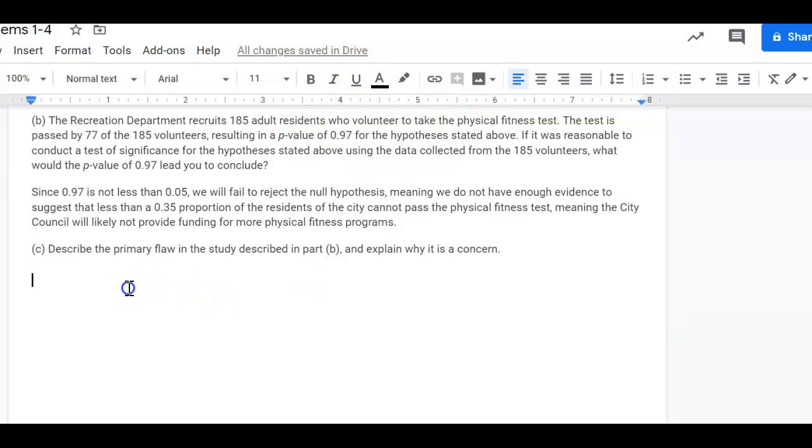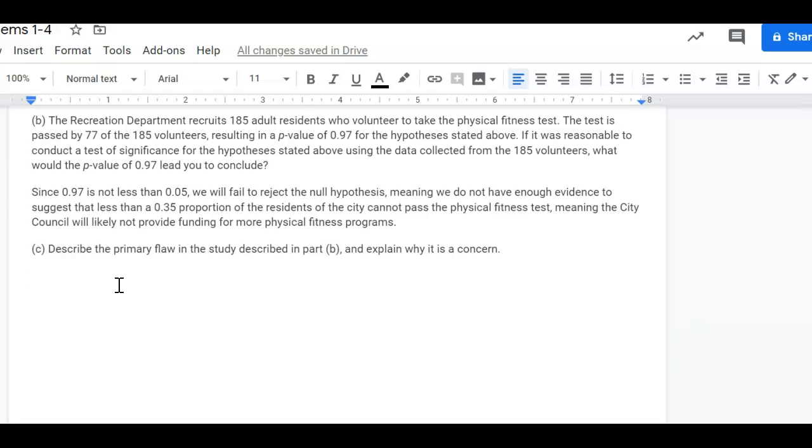The thing is, when you have volunteers, all you can do is make a judgment about those volunteers. You can't extrapolate to the rest of the population. It's not random. It has to be random in order to truly be an experiment that makes a statement about the rest of the population of the city.